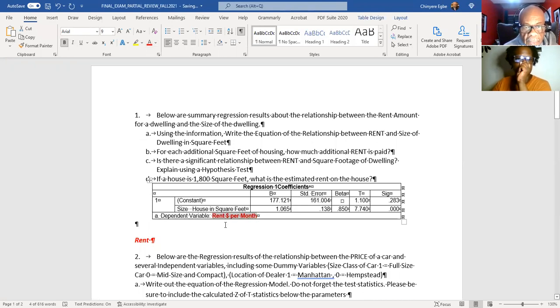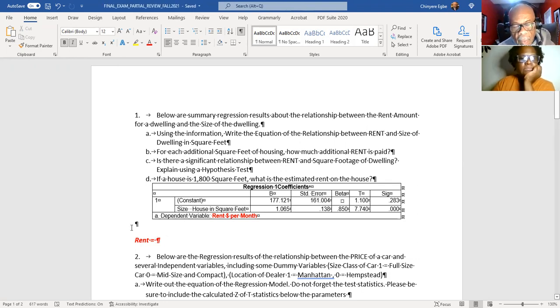That is the dependent variable, and so rent is a function of size, which of course you have A, which is the constant, plus B times size plus the error function.